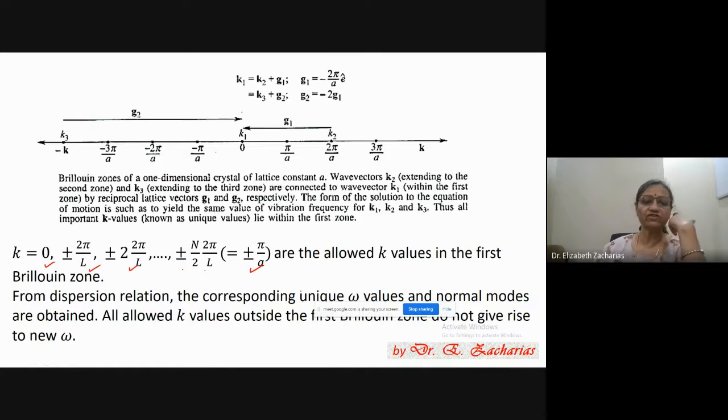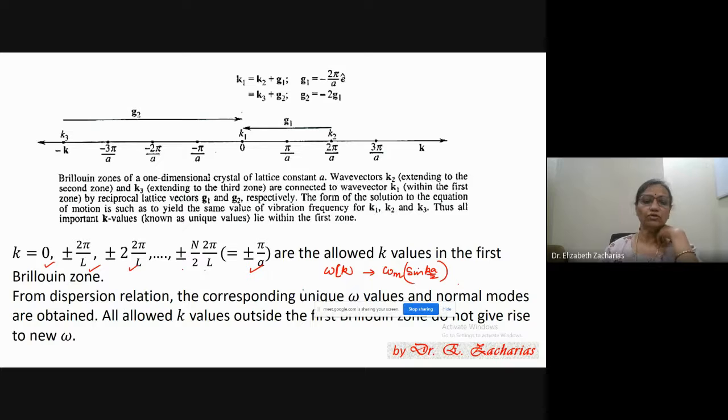And you've already seen an equation. Omega k is related to this by the equation omega m into modulus of sine ka by 2.